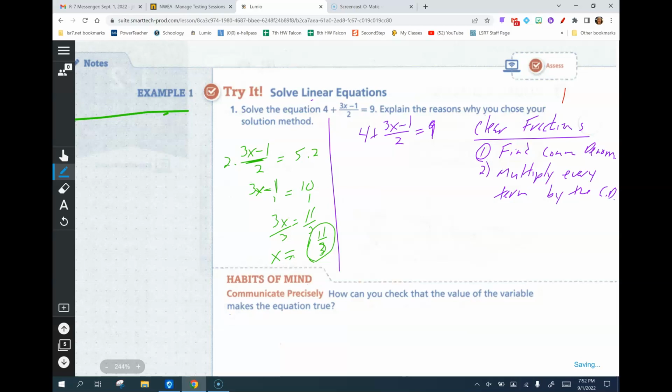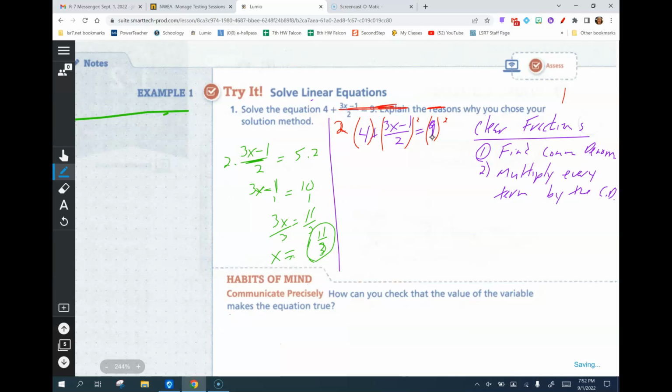Every single term gets multiplied by the common denominator. Because what you're essentially doing is multiplying one side by 2 and the other side by 2, because you always have to do the same thing on both sides.